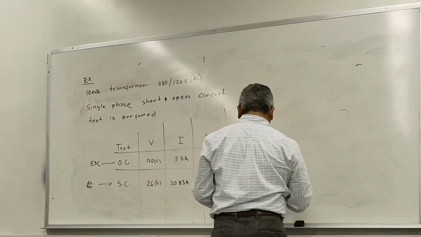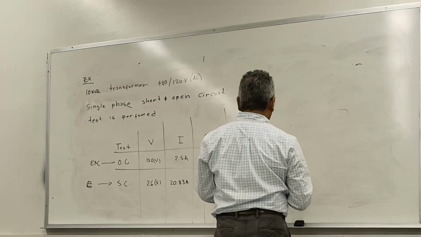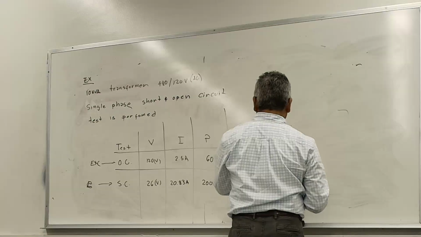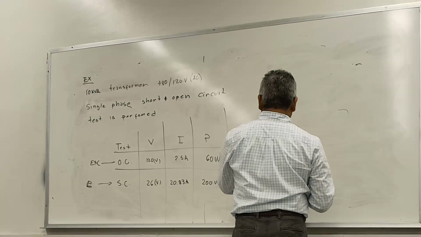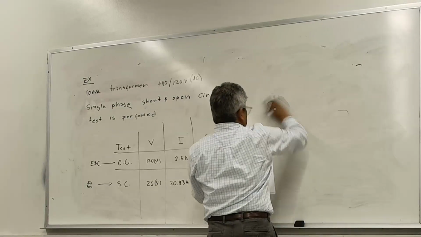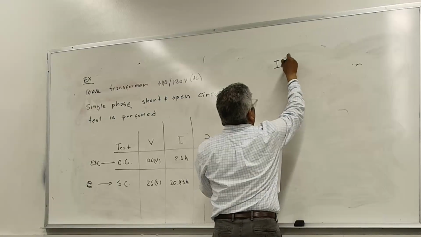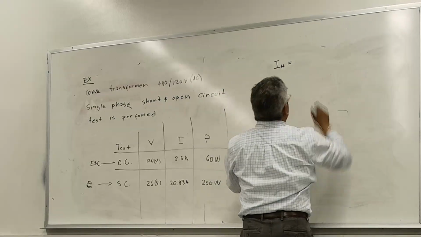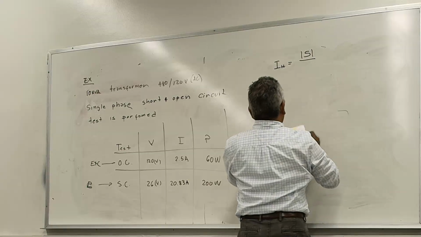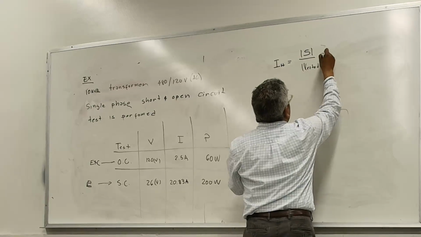So with that information, I can then do the following. I'm going to determine the leakage impedance referred to the primary of the transformer. Let me see. So I'm going to do this because I have that information. I know that the I on the high side is equal to magnitude S divided by V rated. This is a single phase transformer.